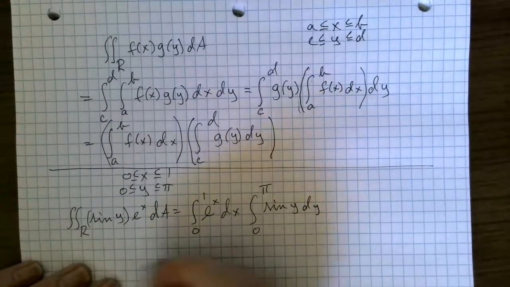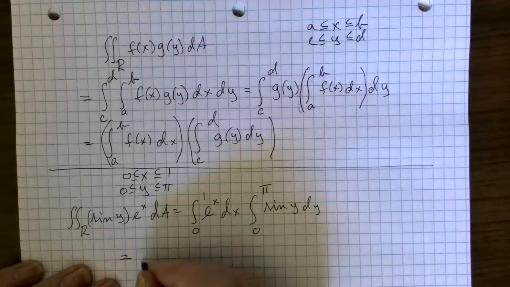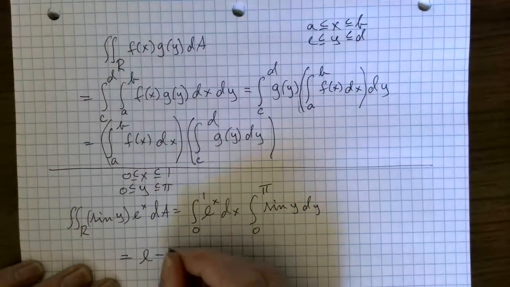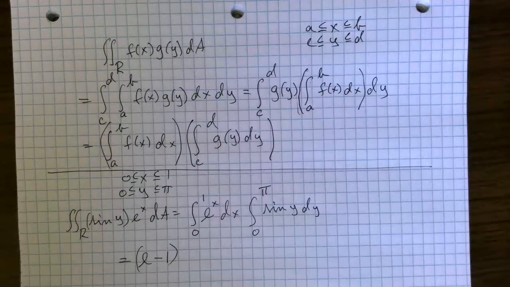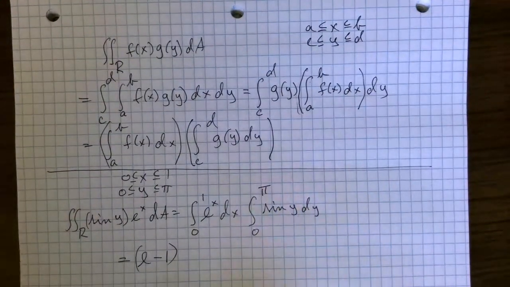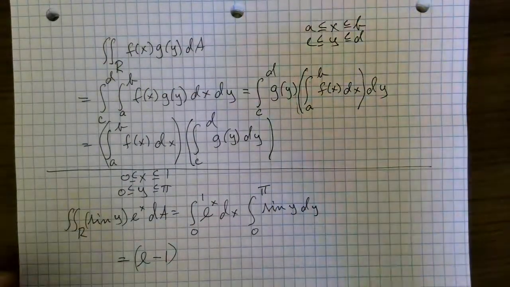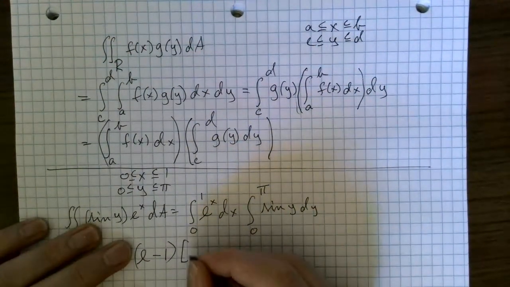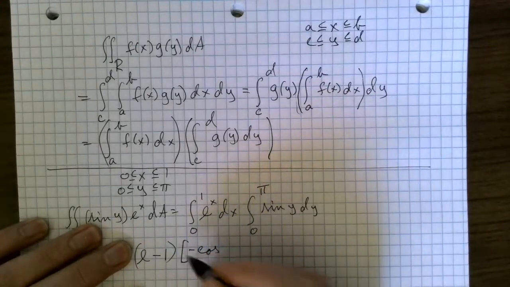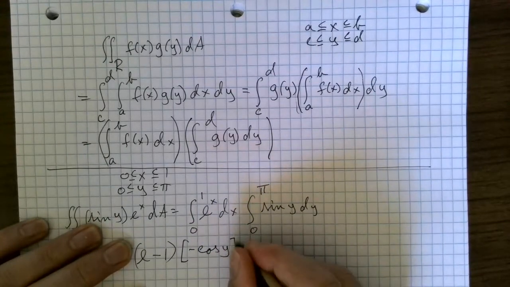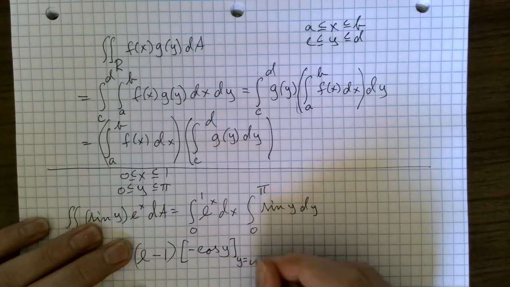And we can just compute this. This is e minus 1. And sine of y, well, the antiderivative is minus cosine y, with y from 0 to pi.